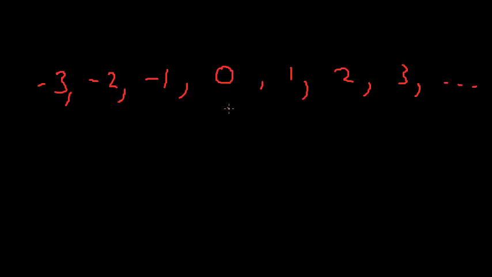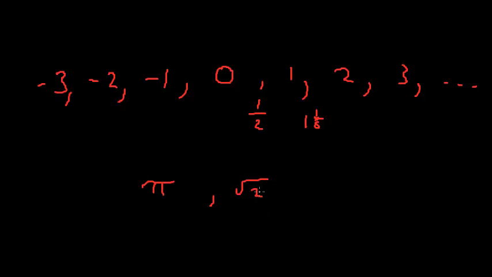Going beyond that, rational numbers are the ones that you can write as a fraction. So for example, 1/2 in between 0 and 1, or 1 and 1/5 between 1 and 2. All of those rational numbers in between these integers are our next step of numbers. And then we have what are called irrational numbers, numbers that cannot be written as a fraction or an integer. For example, pi, or the square root of 2.